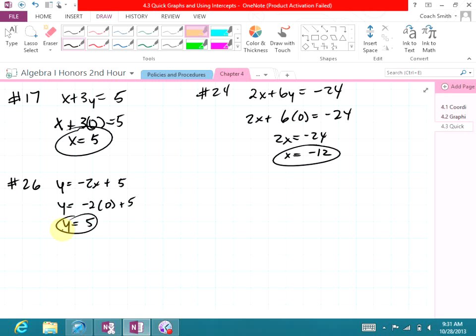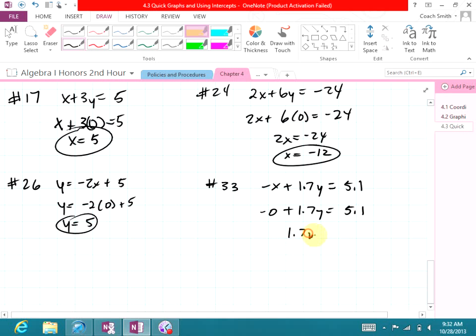Okay, if you look at 33, number 33 says negative x plus 1.7y equals 5.1. So we just plug in 0 for the x. So negative 0 plus 1.7y equals 5.1. Well, that's just 0.